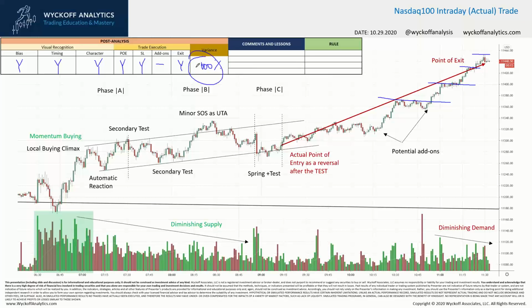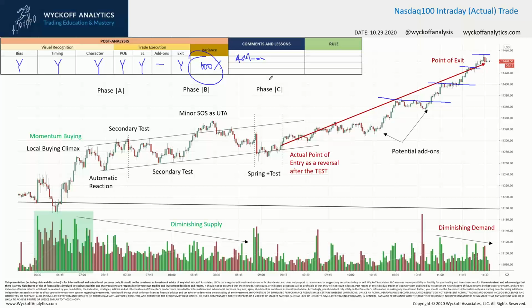Yeah, finally. So in the comments and lessons, I would say still probably think of add-ons. Because once you have this opportunity, you want to be a pig. That's not my expression. This is from George Soros, from his famous trade in 1992 on the British pound.